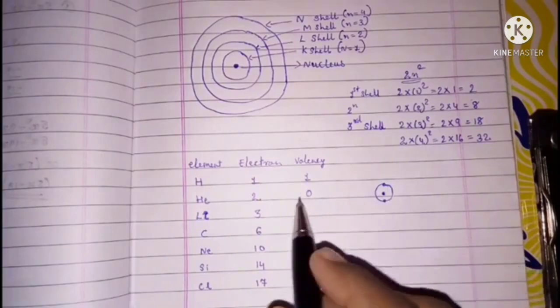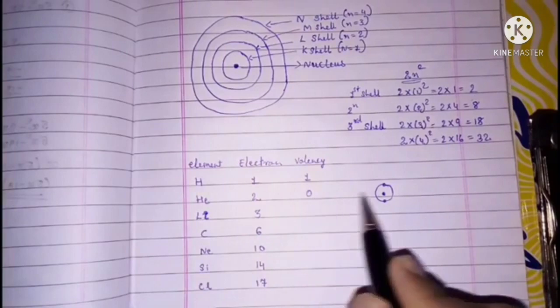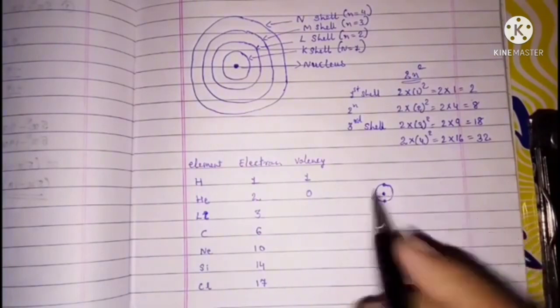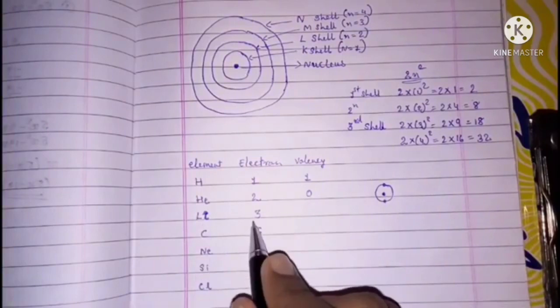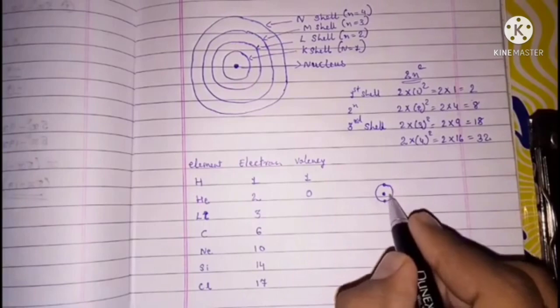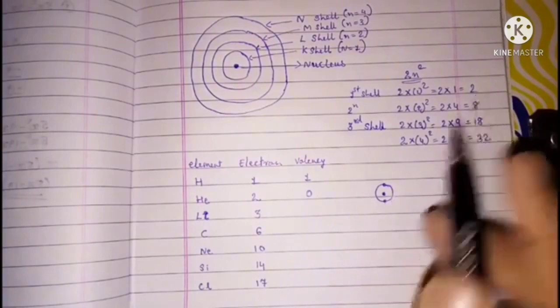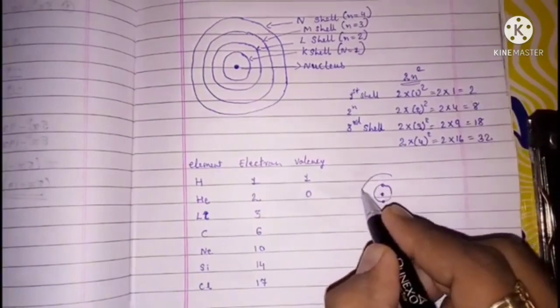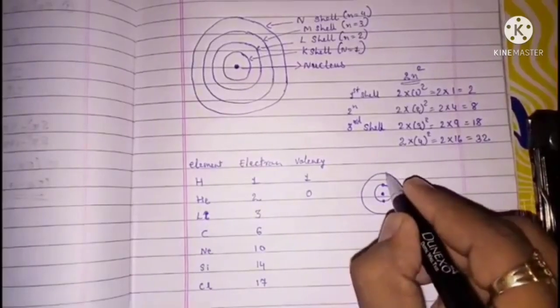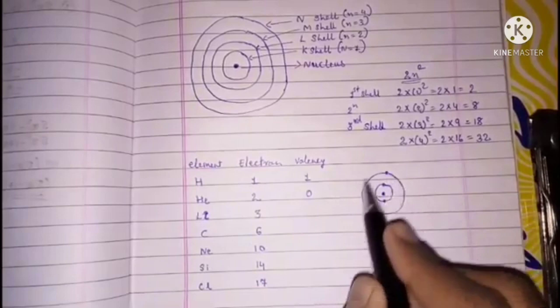What about lithium? The atomic number of lithium is 3. That means 3 electrons are there. Now distribute this. In the first orbit you distributed 2, completed. Don't take 3 only in the first orbit. Only 2 electrons you have to take in the first orbit. What about the other electron? You need to distribute it in another orbit.